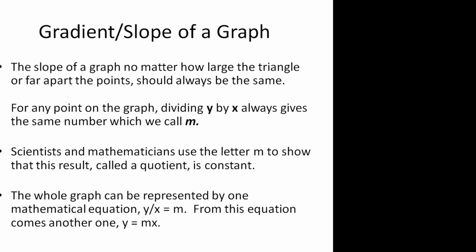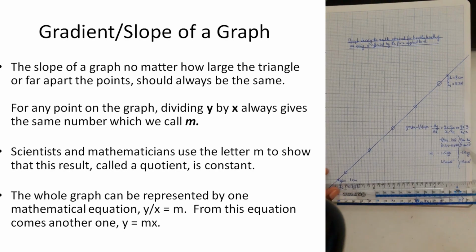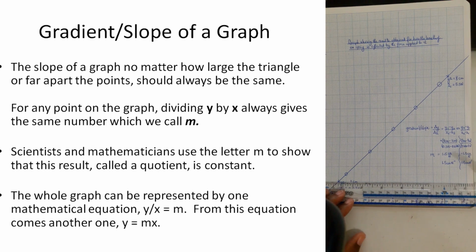So the slope of a graph, no matter how large the triangle, how far apart the points, should always be the same. So I forgot to show you that when you're doing this, make sure you draw your triangle, because they're looking for this side of the triangle.